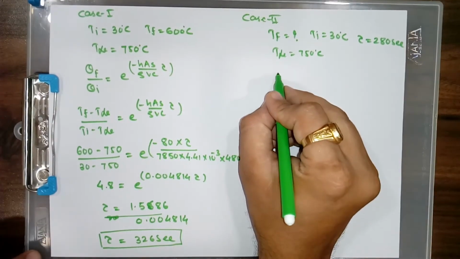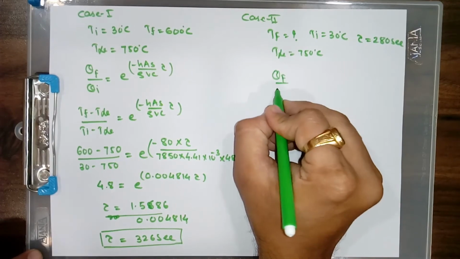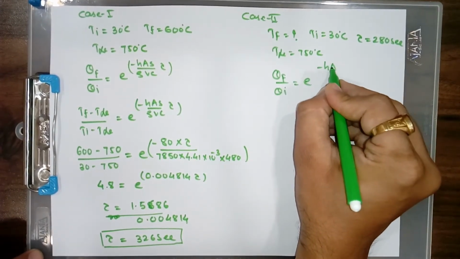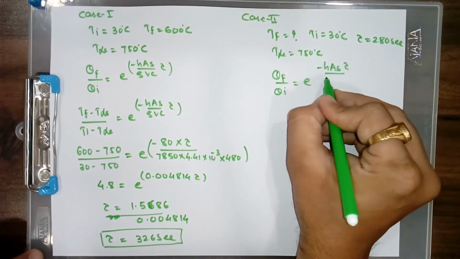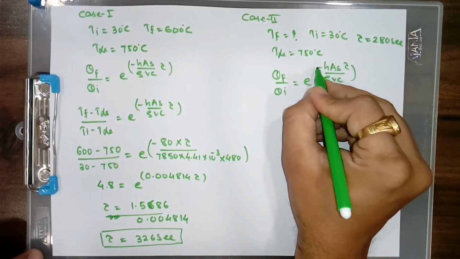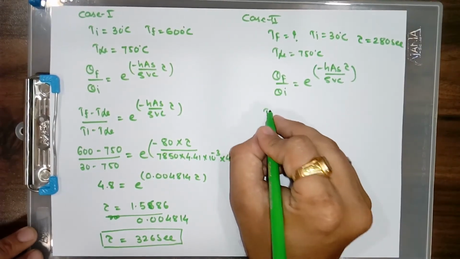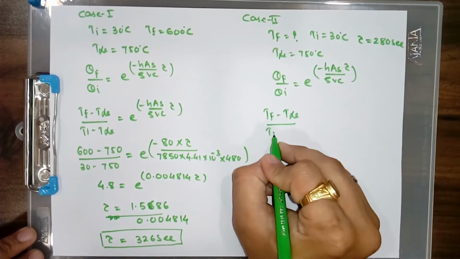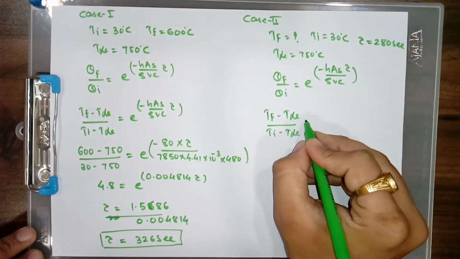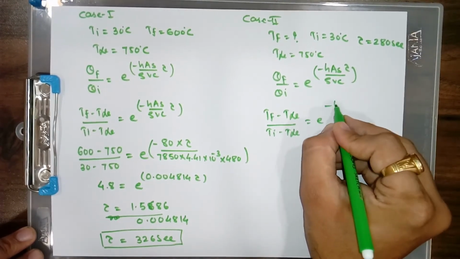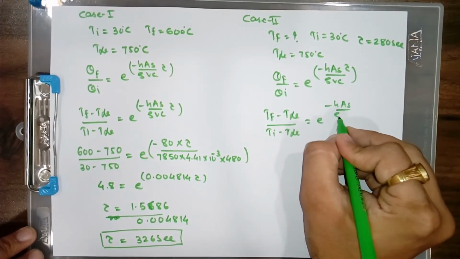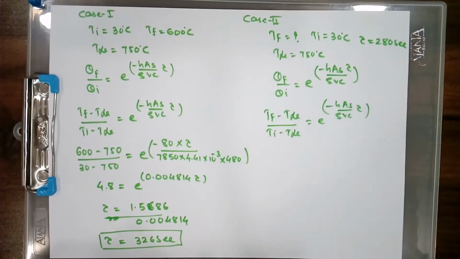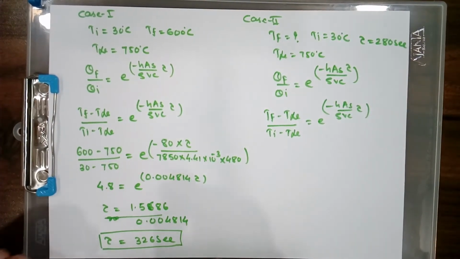So again we apply the formula, theta f divided by theta i equals exponential minus hAs into tau upon rho Vc. So TF is unknown, T infinite is known, and TF minus T infinite upon Ti minus T infinite equals exponential minus hAs upon rho Vc into tau. The final temperature is what we need to find.